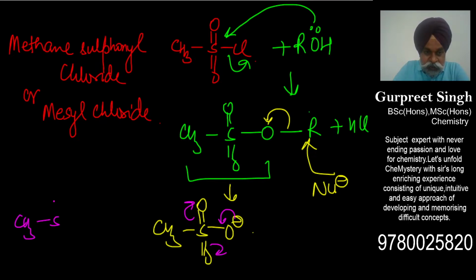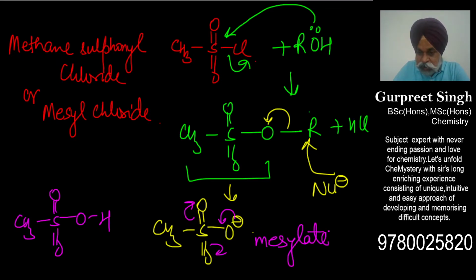This has a pK value less than 1, so it is quite a strong organic acid, stronger than carboxylic acid. Since it's the conjugate base of that acid, it is quite stable. Any stable anion which leaves the reaction mixture is a good leaving group. So this entity is called mesylate ion, which is also a very good leaving group.